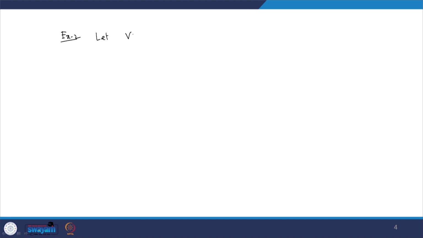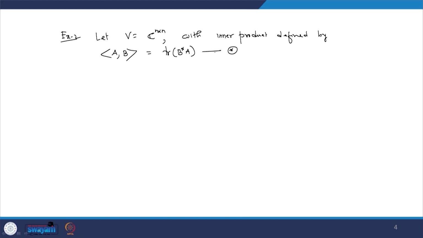Let V equal to C n cross n, I mean the set of all n cross n matrices defined over the complex field C, with inner product defined by, for any A and B, the inner product of A and B, because the elements are n cross n square matrices, equal to the trace of B star A. So, this is my definition of the inner product for this space.